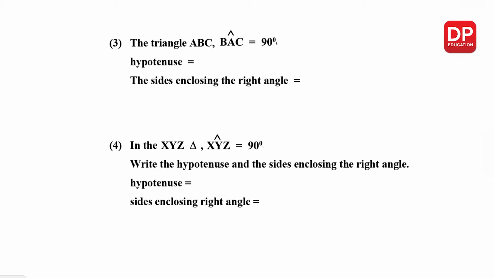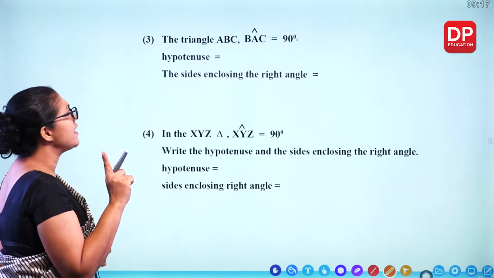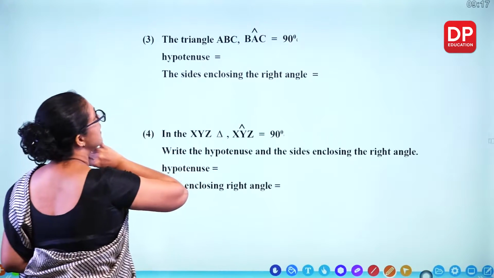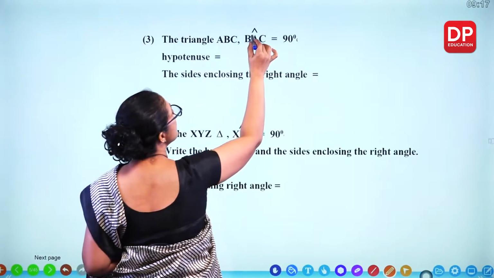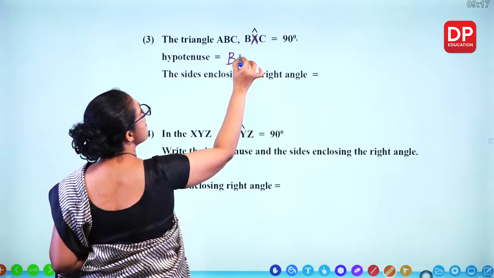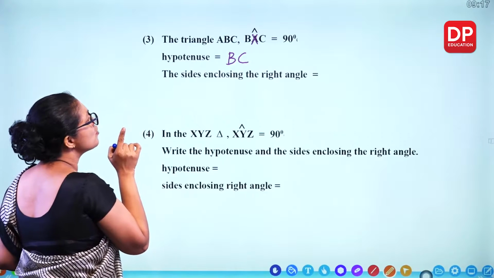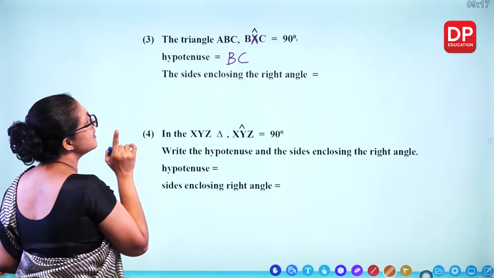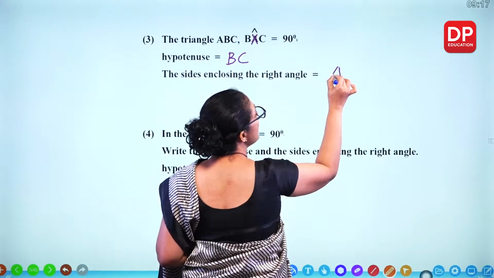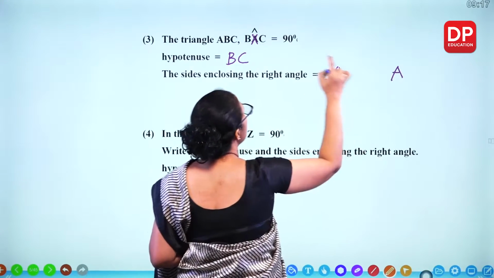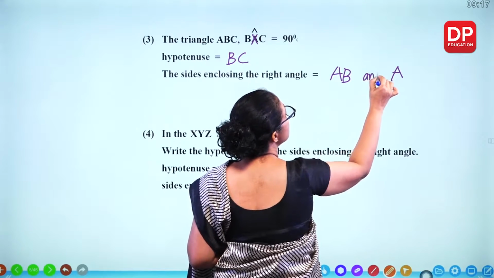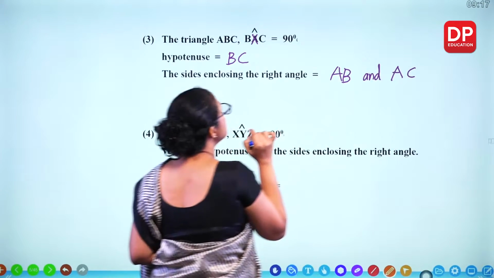Triangle ABC. Without drawing, can you identify? A angle is 90. So what's the hypotenuse? When you close this, hypotenuse is BC. What are the two sides enclosing the right angle? So A is the common one. So you get A with B, AB and AC.